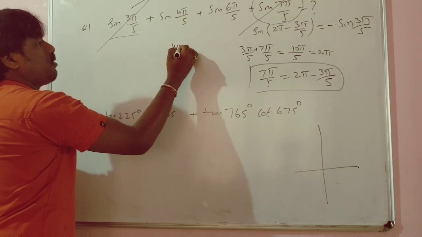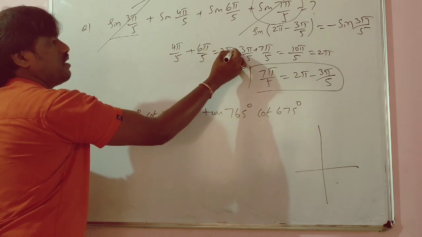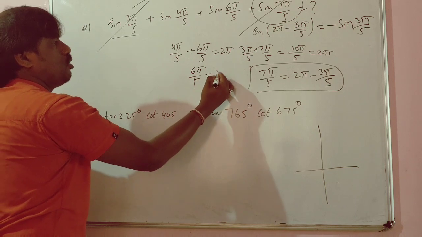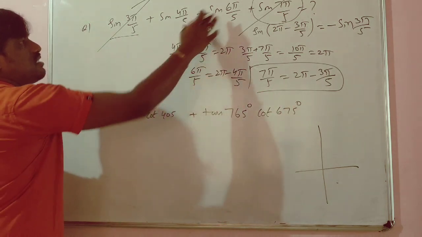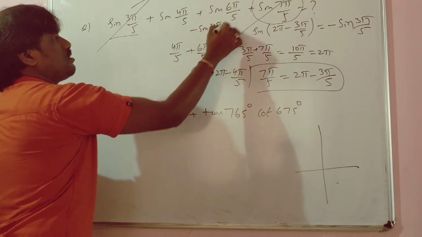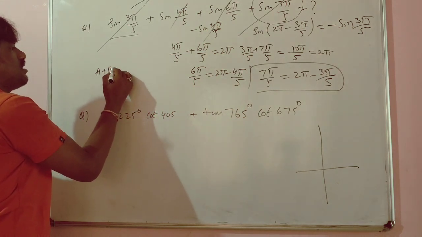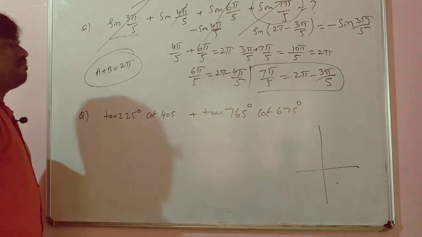Same way you can see that 4 pi by 5 plus 6 pi by 5 is equal to 2 pi. So I can write 6 pi by 5 as 2 pi minus 4 pi by 5. It means this is also going to change to minus sine 4 pi by 5. So this is cancelled. What is the technique here? If the sum of the angles is 2 pi in sine, I can cancel them, and that value will become 0.